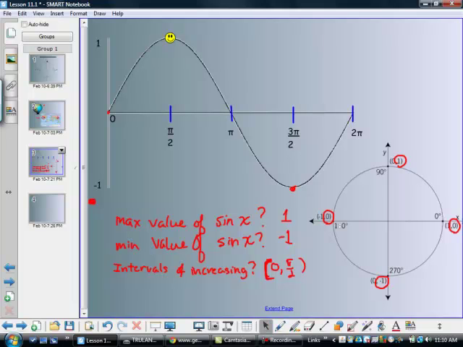Somewhere else? Yes. Okay, he goes down way steep, but he's also increasing from here to here. So another interval of increasing would be 3 pi over 2 to 2 pi.